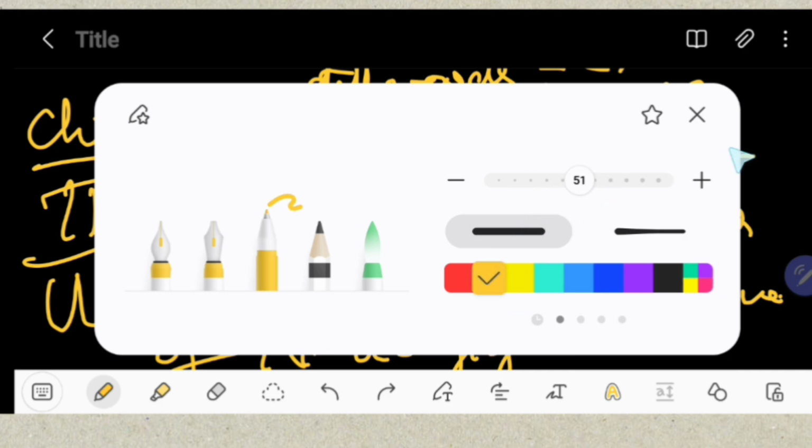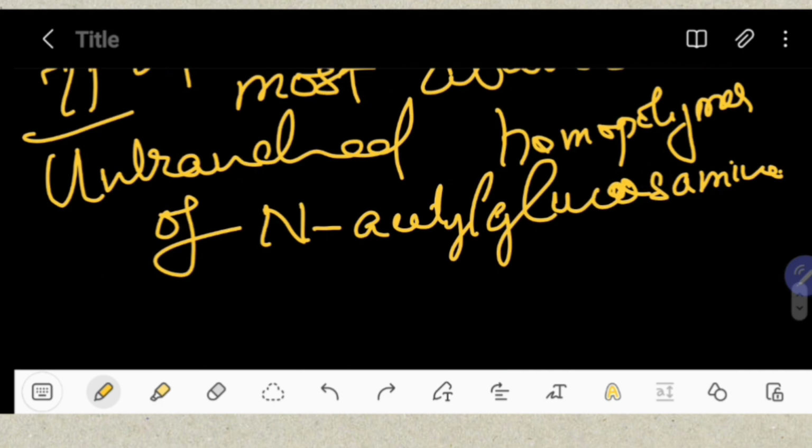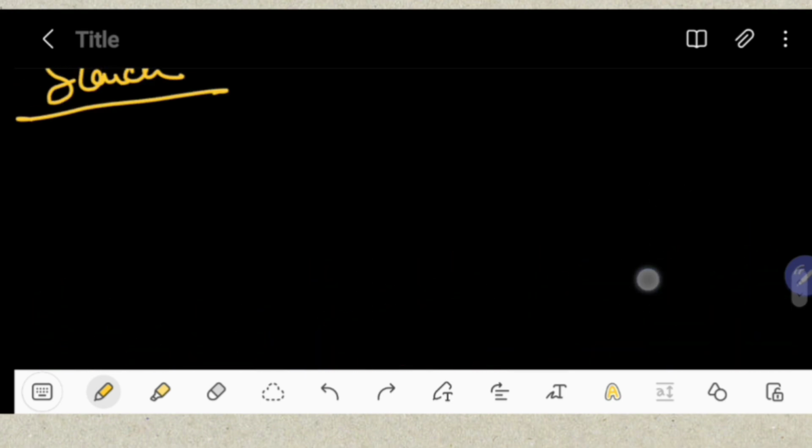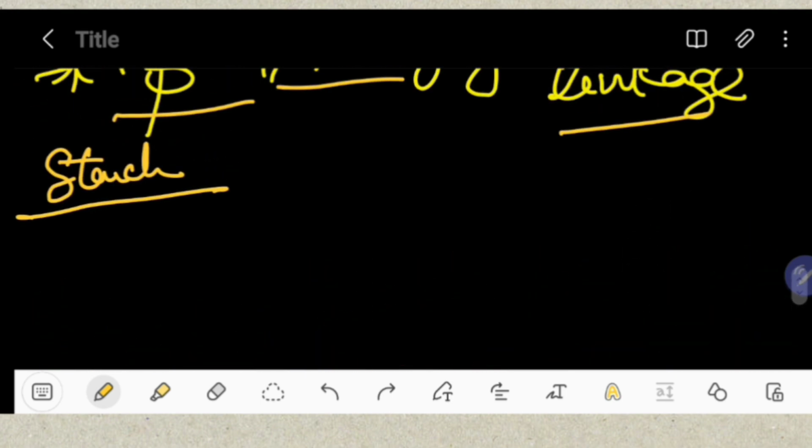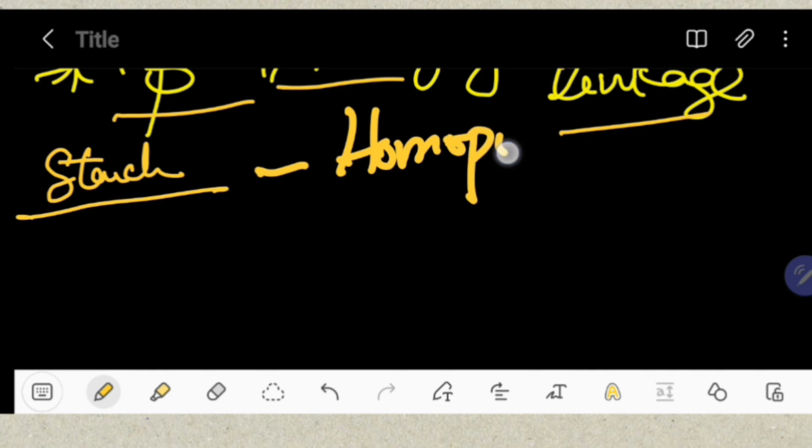Now, the next thing you want to learn is starch. Starch is also a homopolymer of glucose.